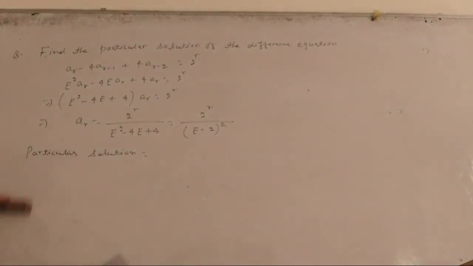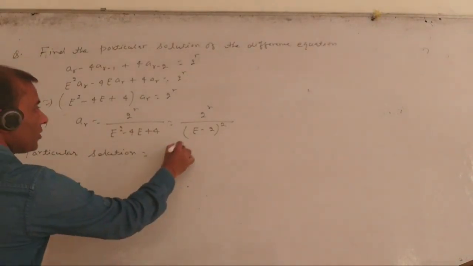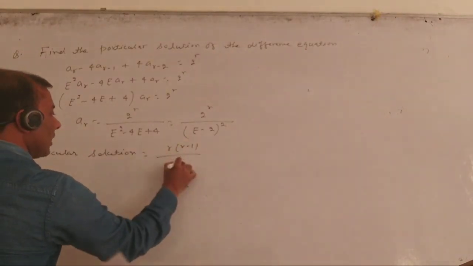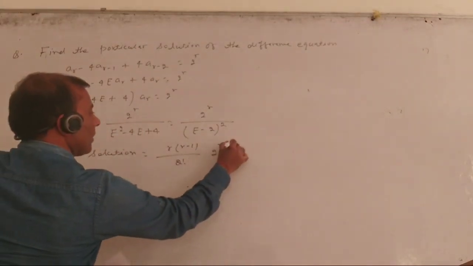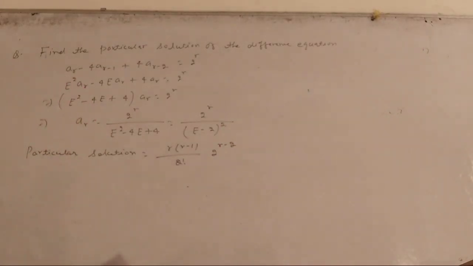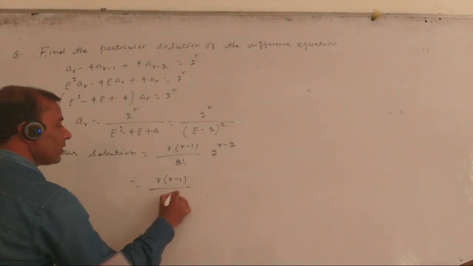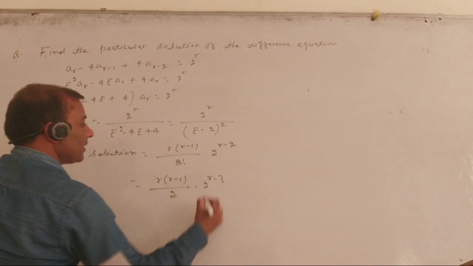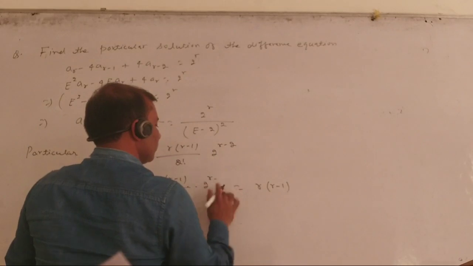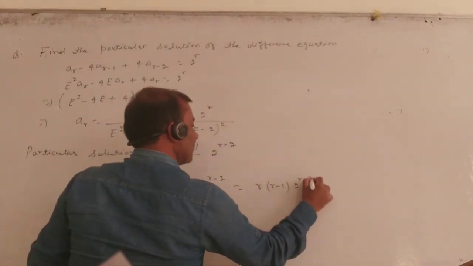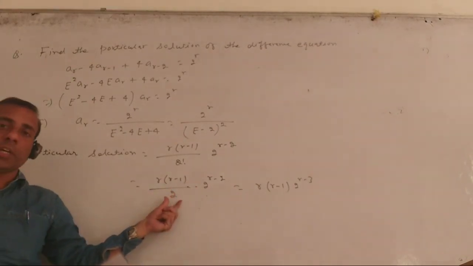So the particular solution will be r into (r minus 1) upon factorial 2 into 2^(r minus 2), which is equivalent to r into (r minus 1) upon 2 into 2^(r minus 2). This can also be written as r into (r minus 1) into 2^(r minus 3), because 2 to the power 1, when it comes to the numerator, has power minus 1.